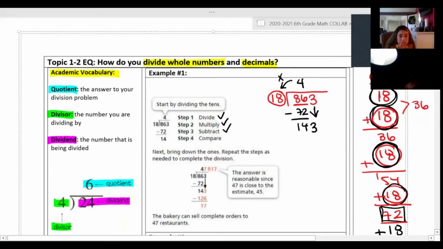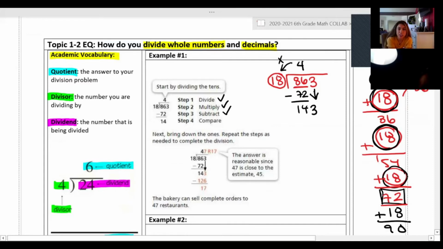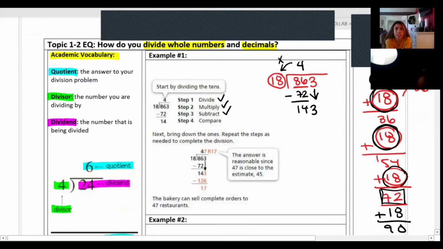We know that if we added another group, we got 90, so we're going to want to keep going to get us to 143 or close to it. So let's try 6 or 7 groups.